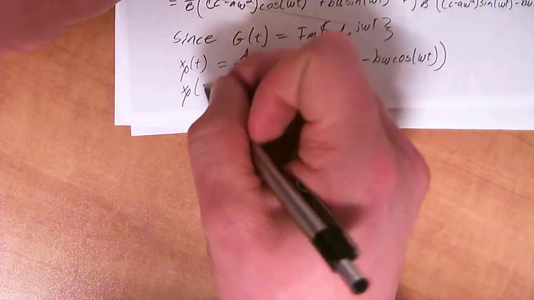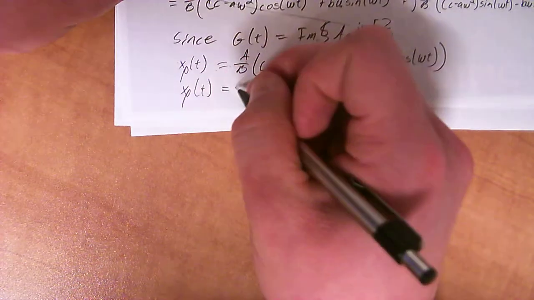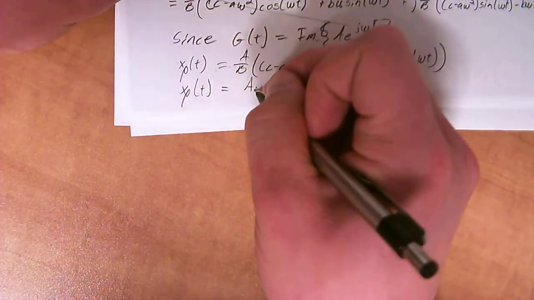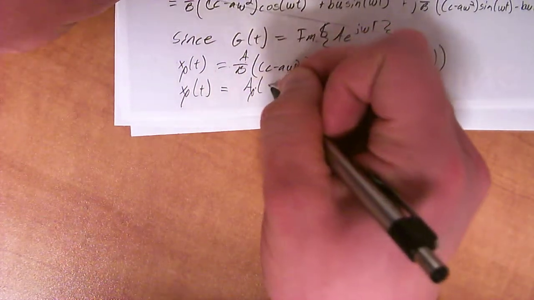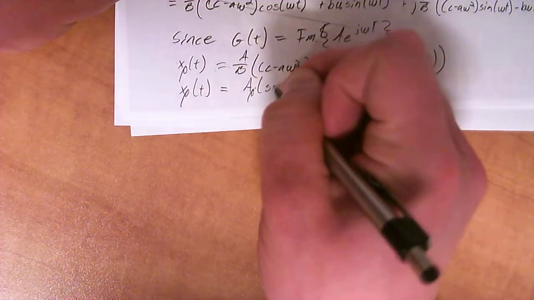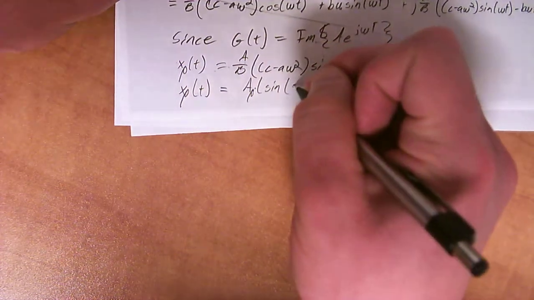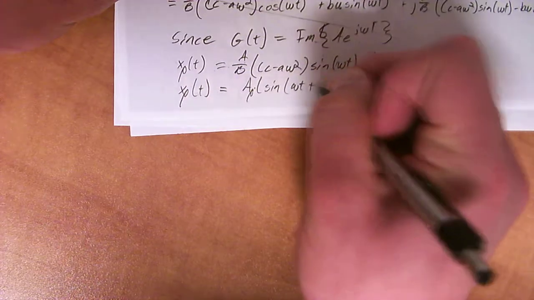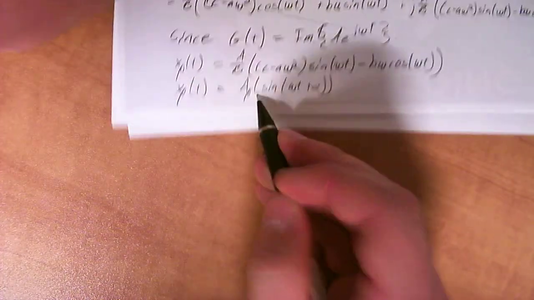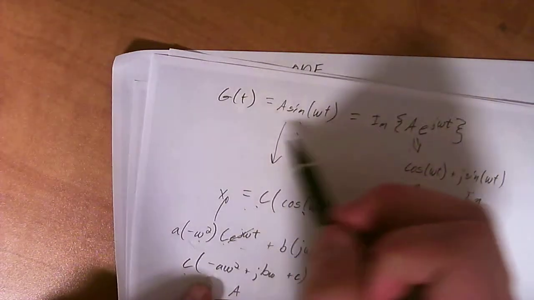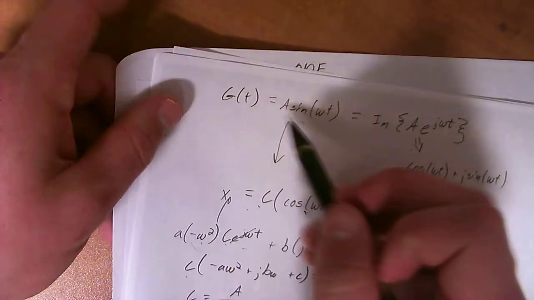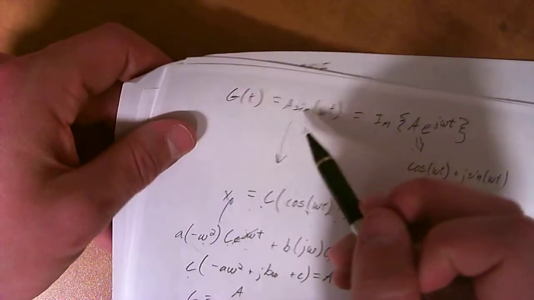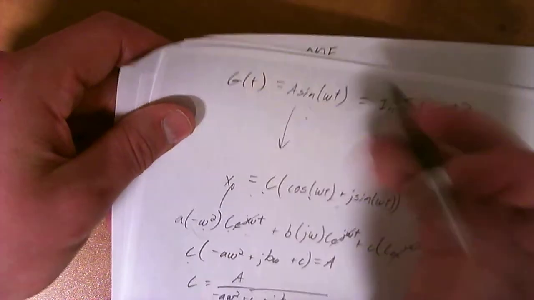So then we can simplify this a little bit more. xp of t is equal to Ap sine of omega t plus alpha. So we know xp is equal to that because we have this up here. We're jumping back and forth a lot, and I apologize for that, but that's how you have to solve these problems. It's constantly playing with the numbers and moving with what you can and slowly moving back to what you want.